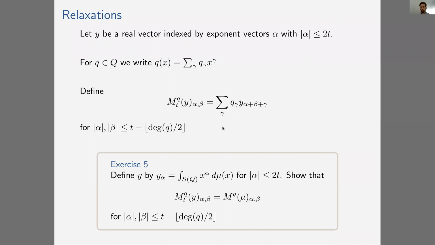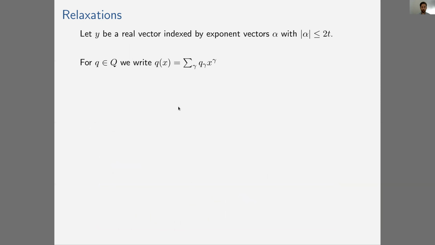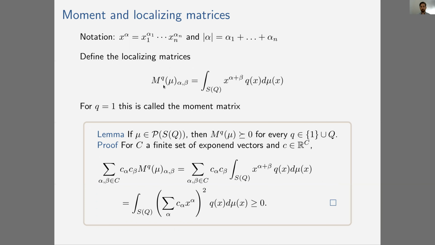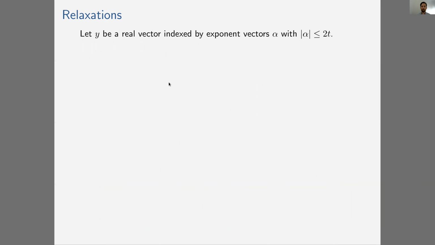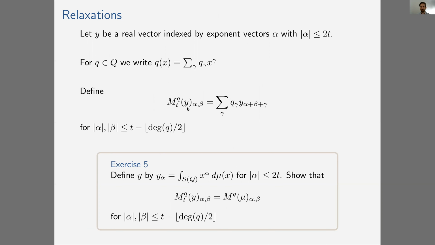Then it's an exercise to show that these definitions, which have almost the same notation, agree. So let me just quickly show. Here there was no subscript t, this is not truncated, and this is M_q of mu. Here there is a subscript t, this is truncated, and this is M_t^q of y. And of course, where does this come from?